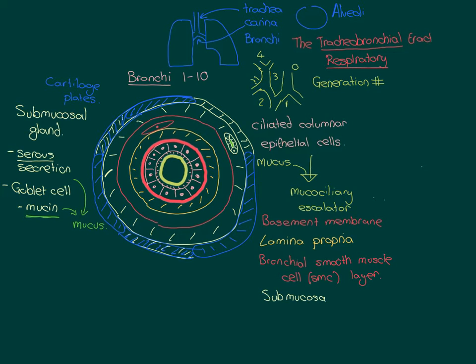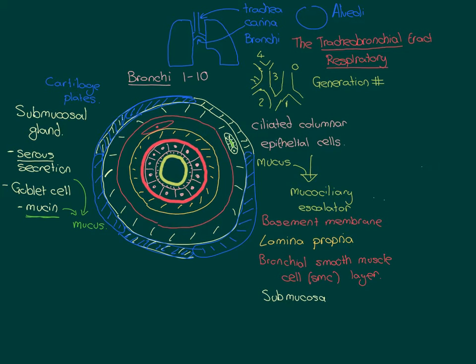If we're talking about the trachea, which is a bigger version of a bronchus, it will have one great big horseshoe-shaped layer of cartilage with a gap at the back, which is facing the esophagus. That is the definition of a bronchus, and we've seen that generally, although this isn't a completely solid rule, airways of generation number between 1 and 10 will have this structure and therefore will be bronchi.